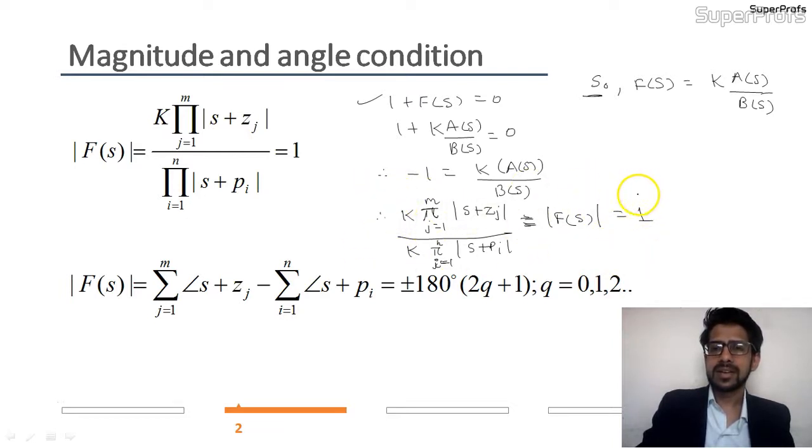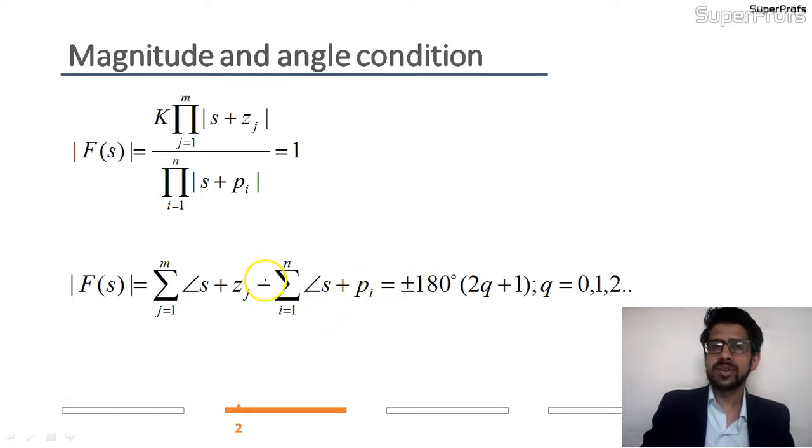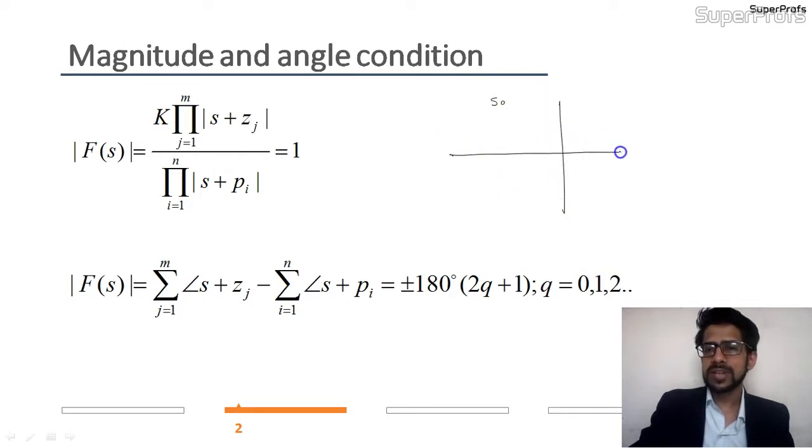Okay, let us see what the angle condition is. According to the angle condition for root locus, for any point s naught in the s plane, the angles that particular point makes with the zeros and poles should combine to form the angle phi, which is an odd multiple of 180 degrees.